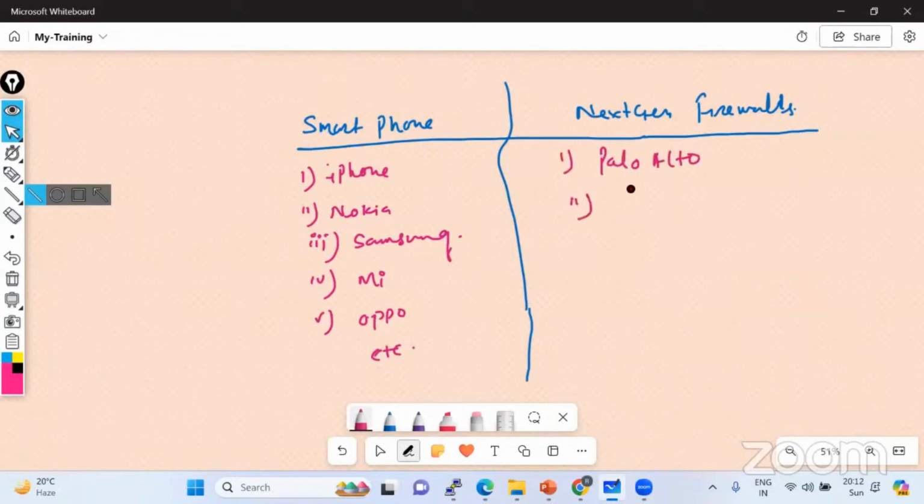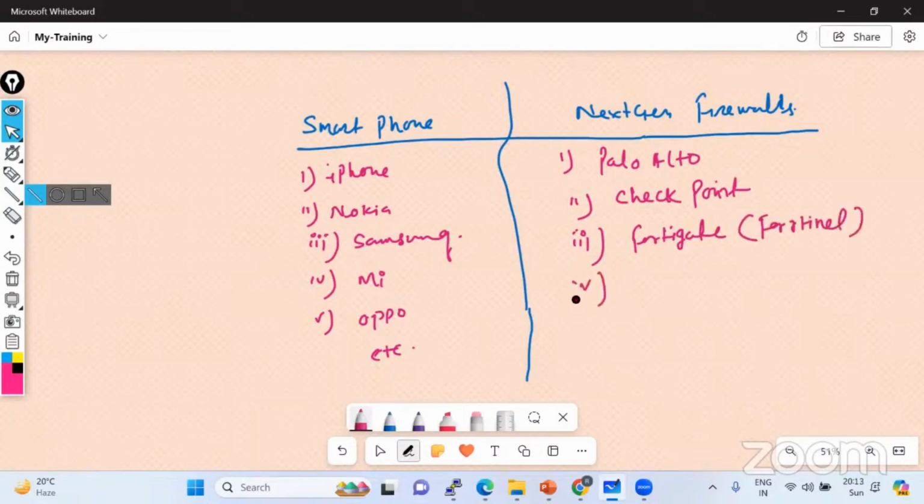We can think about Checkpoint. We can think about FortiGate. It's also known as Fortinet. Fortinet is a company, FortiGate is a product. We can talk about Cisco ASA. We can think about any Sophos Firewall, etc. Lots of vendors are available in the market who just produce firewalls.